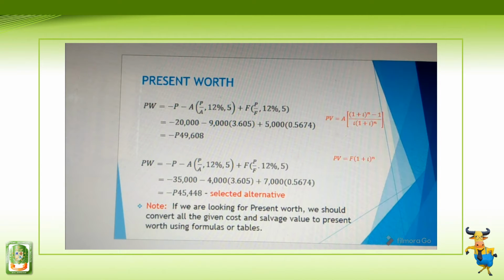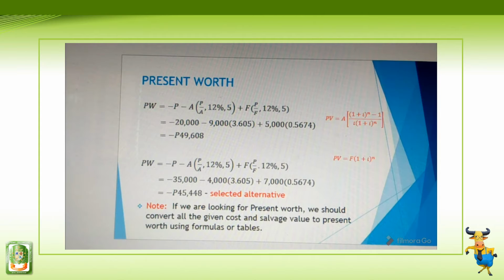0.5674. So, for our first alternative, it has a present worth of negative 49,608. While for our next alternative, what we have is negative 35,000 minus 4,000 multiplied by the factor 3.605 plus 7,000 multiplied by 0.5674.